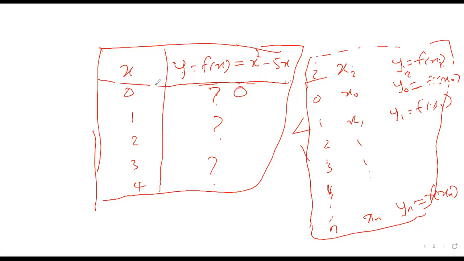If I put 1, 1 minus 5 is equal to -4. If I put 2, this will be 4 minus 10, which is -6. If it is 3, 9 minus 15, this will be -6. Then 4, 16 minus 20 is -4. This is just for the exercise, so you got the idea.